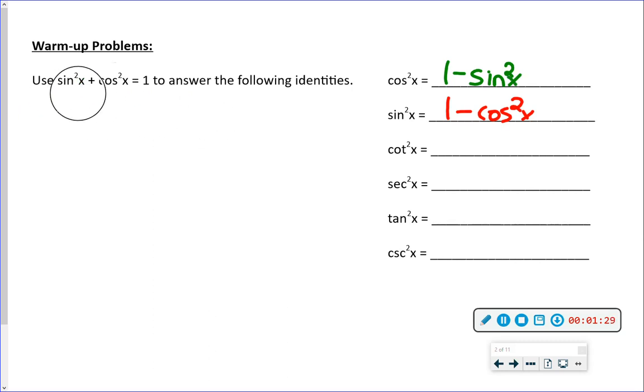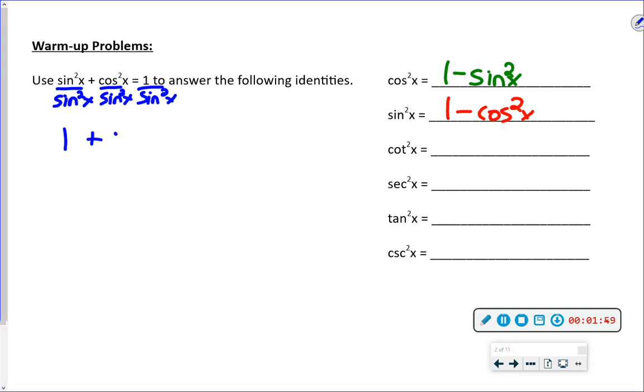Now, to get the remaining 4, here's where we've got to get a little creative. It's just about manipulating this equation. I'm going to divide everything by sine squared. And again, as long as you do the same operation to every term in the equation, it's equivalent. Sine squared over sine squared is 1.